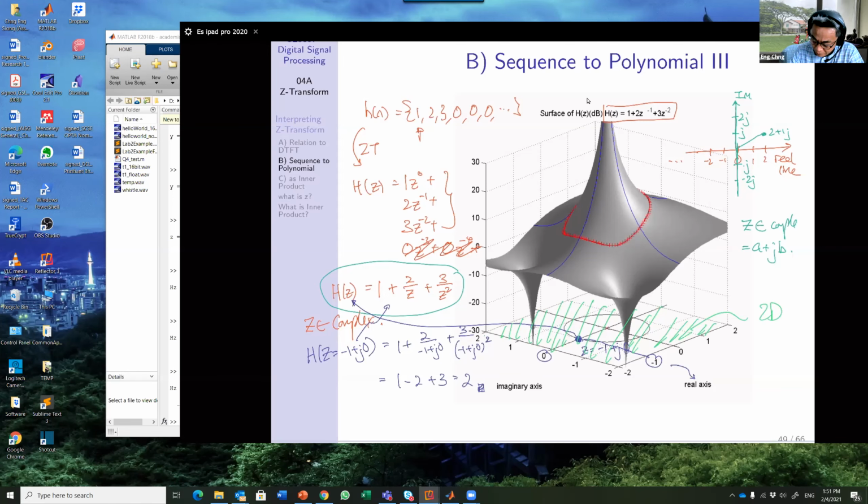So what people do instead is they do not plot the 2D complex input to the 2D output. They only plot the magnitude and the phase. So what do I mean?